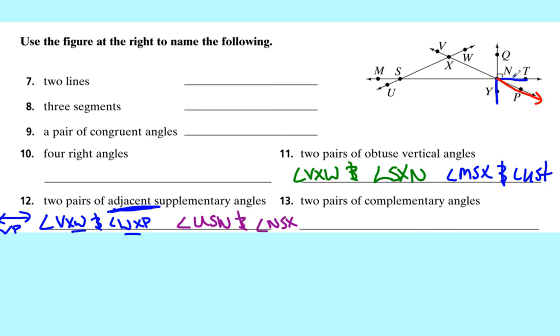So we just label this angle and this angle, and we call them complementary because it makes a right angle. So we can say this is angle T, P, and angle let's call it P, Y. Okay, that's not so bad.